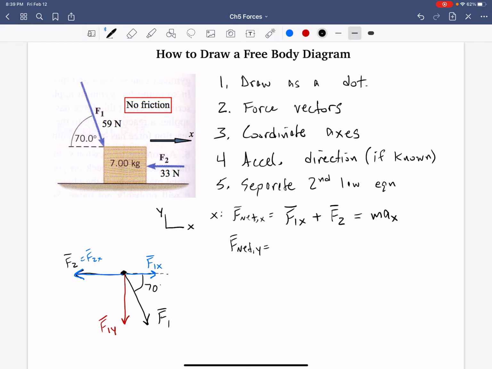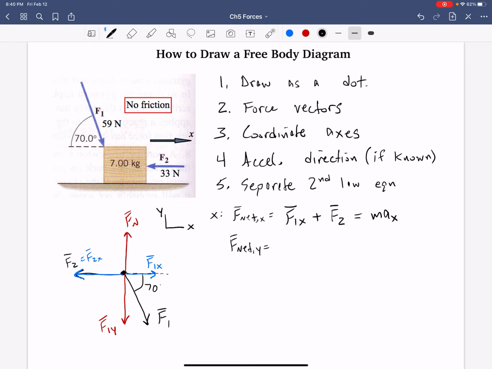Well, oh, you know what? If you've been screaming at your computer, good for you. I actually forgot a force in this case, right? If you've read the chapter, which you should have by now, if this box is resting on this surface, there's another force counteracting F1y, right? There's a force going up, the normal force. That's the equal and opposite force to F1y.